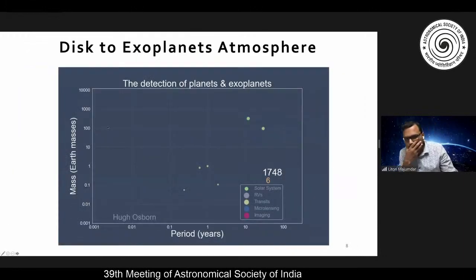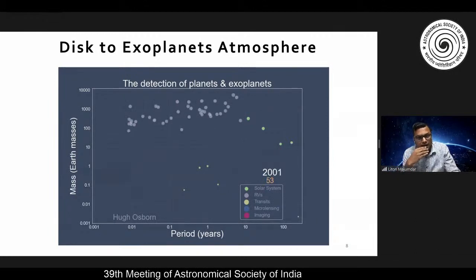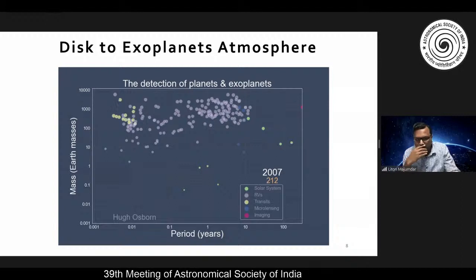Okay, so as I mentioned, it is important to understand the composition of the disk, because it dictates the composition of exoplanet atmospheres. We have now observed more than 4,000 exoplanets with various techniques, going from transit to radial velocity, microlensing to imaging. And the one common thing that we observe is that all these exoplanets have completely different types of atmosphere.